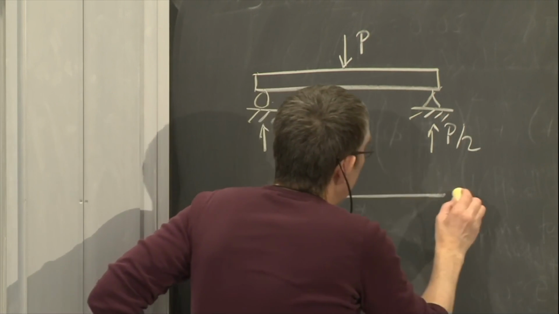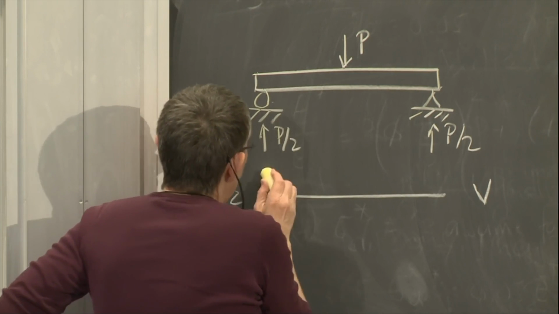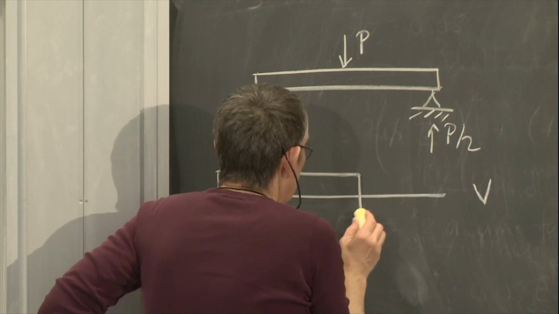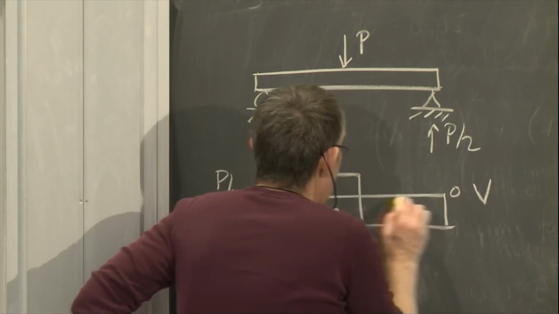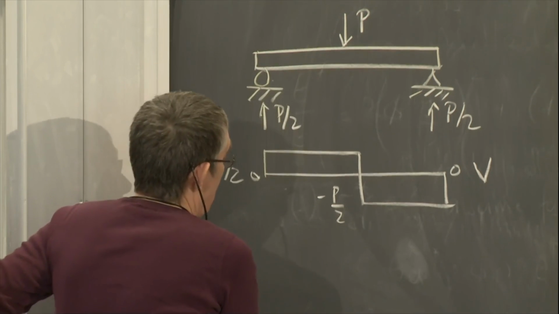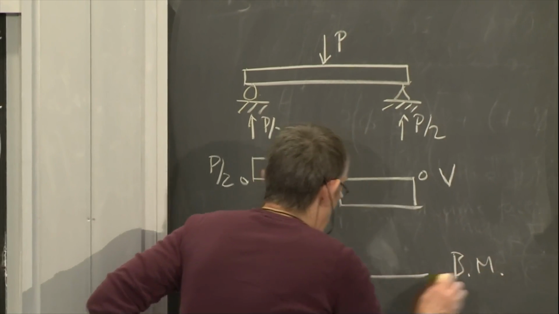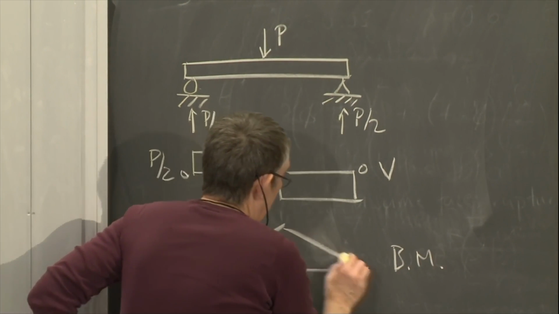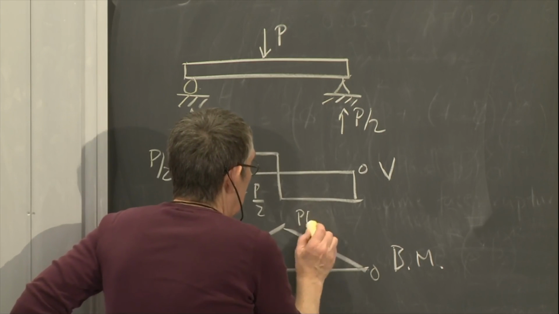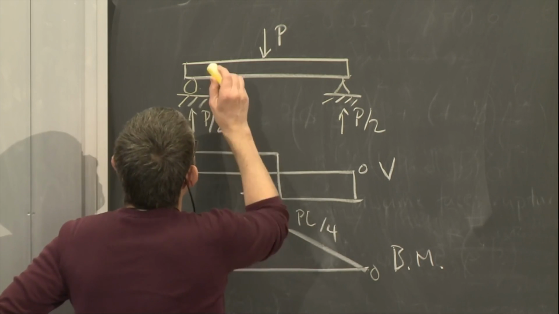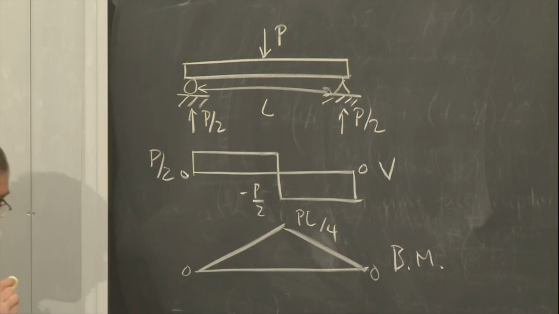If I drew the shear force diagram, it'd go P over 2 up, go over, go P over 2 down, like 2 P over 2 down, over and back up. And then if I drew the bending moment diagram, it would go up and down like that. That would be 0, and that would be 0, and this would be P L over 4.